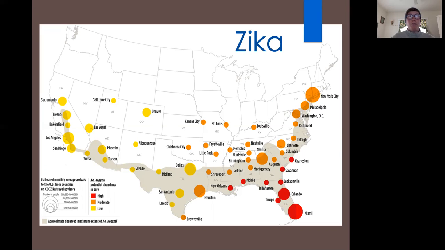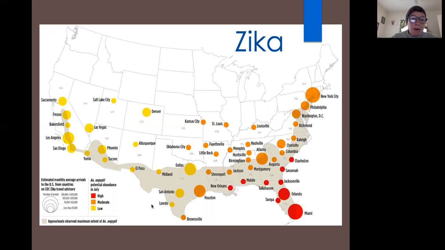And so people were very concerned about this disease. And one of the concerns was that if someone traveled to a region that had Zika, got bit, had it in their blood, didn't have symptoms, came back to the United States, got bit by another mosquito, then that mosquito started spreading it around.